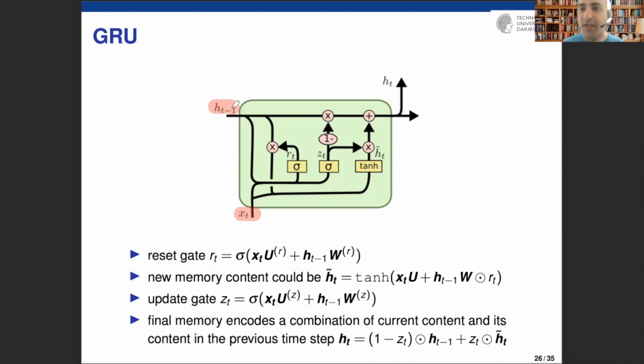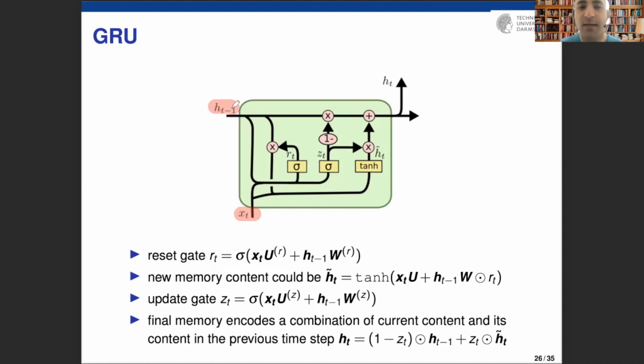The main idea behind GRU is that we define a reset gate to say if we should capture or retain the content of the memory, or should we reset the values?